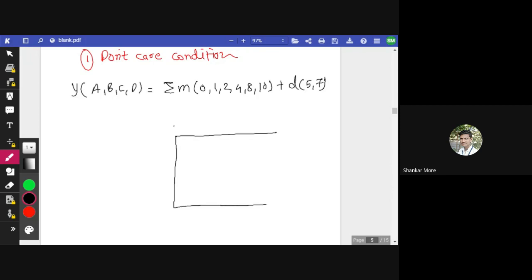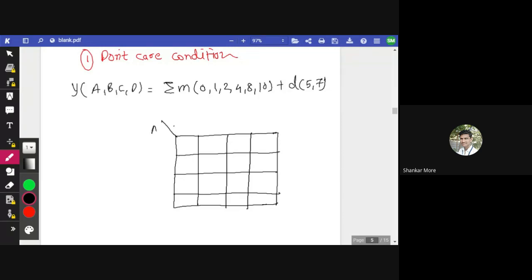Since it is a 4 variable K map, firstly we will draw a 4 variable K map here. Then write the naming system, that is A B C D, 0 0 0 1 1 1 1 0, and 0 0 0 1 1 1 1 0.